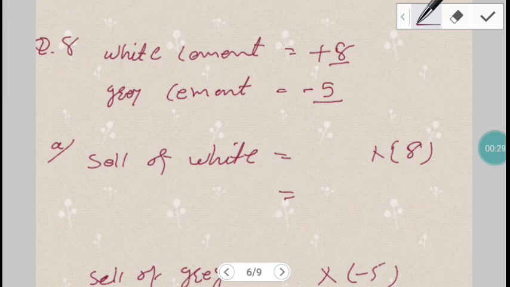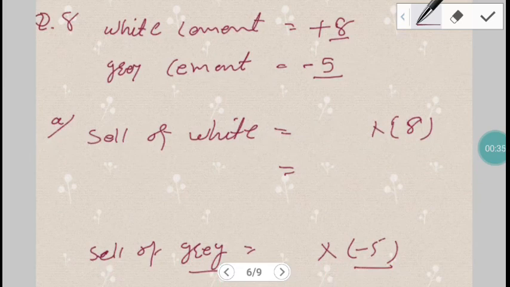What is its profit or loss? So, let's start calculating the first case. On selling white cement they earn 8 rupees profit. That means we will show it in plus numbers. In grey cement they will suffer a loss of 5 rupees, so we will show it in minus numbers.